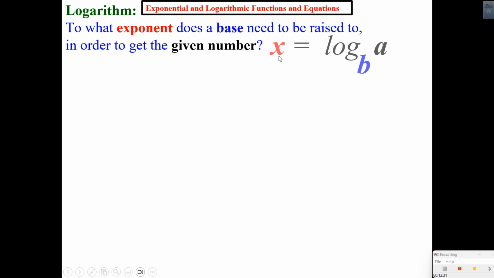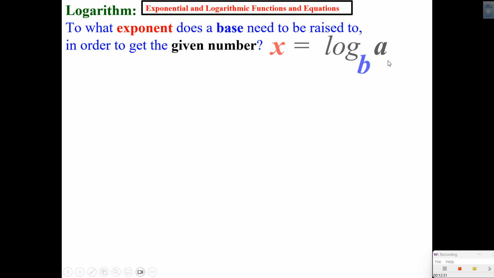Very good. The x, because that's in red. All right, guys, tell your neighbor which of these is the base. B is correct. That's why I bolded B for base.